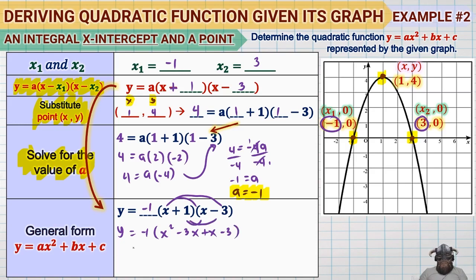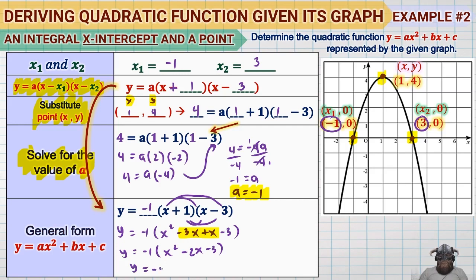So, simplify na muna natin yung nandun sa loob. Negative 1, copy ulit natin, x squared, negative 3x plus x pala. So, magiging negative 2x siya. Then, copy negative 3.